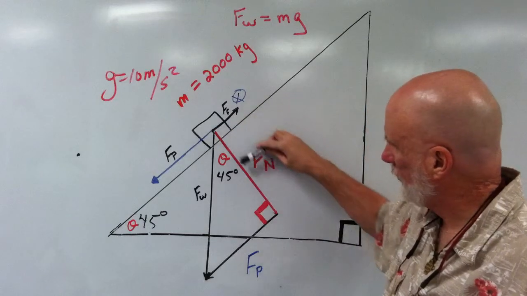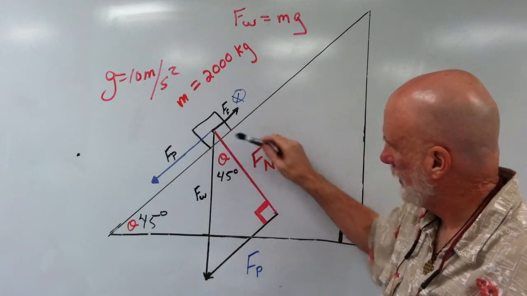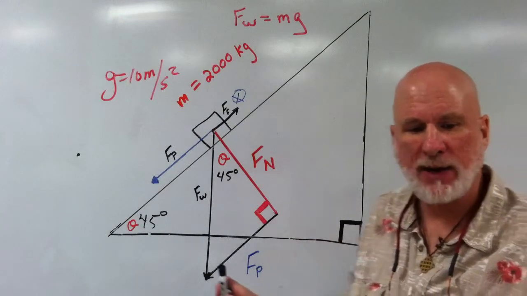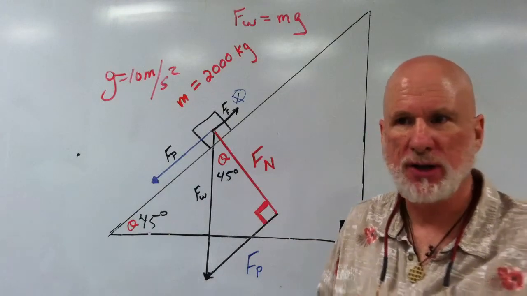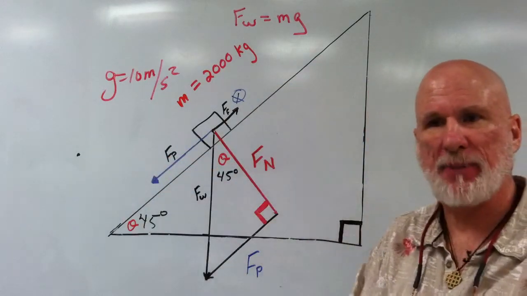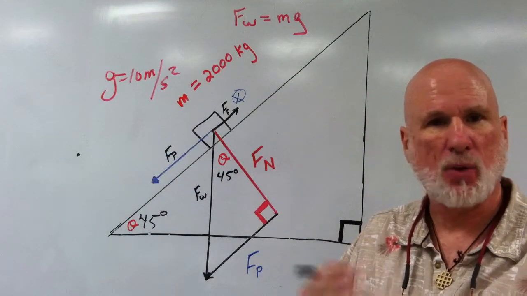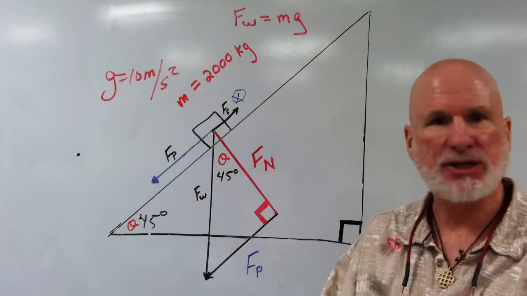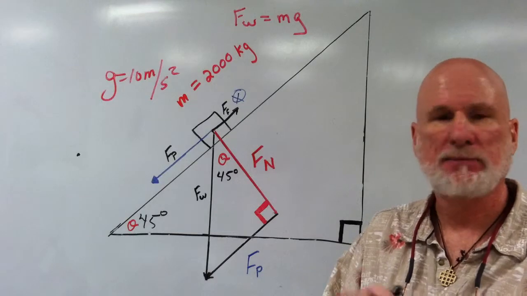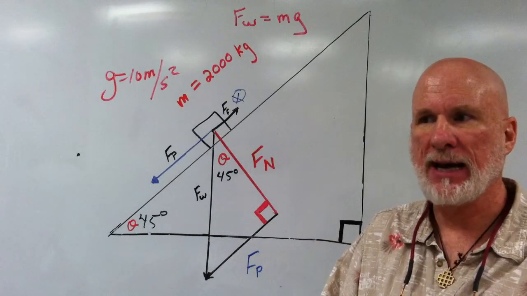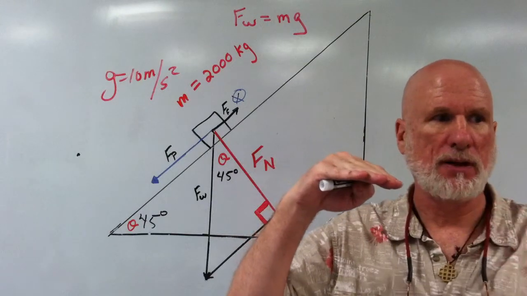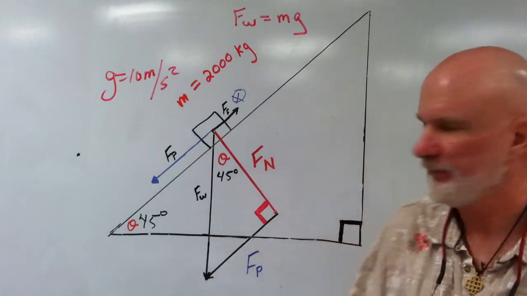I have the normal force perpendicular to the ramp, and I have what I call the push or pull force that's parallel with the ramp. That's actually the force that propels something down the ramp. On a water slide or a ski slope, there is a force that is part of the weight that is actually propelling you down the slope, and that's Fp.